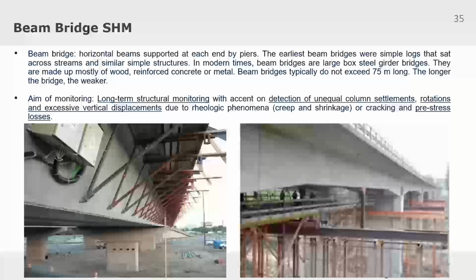So I always stress on this because it's very important, you know, for the integrity of the structure, and with a particular attention on the detection of unequal column settlements, rotations, and excessive vertical displacements due to creep and shrinkage in concrete, cracking, and pre-stress losses in the concrete.